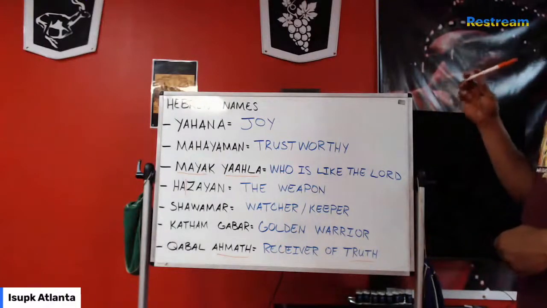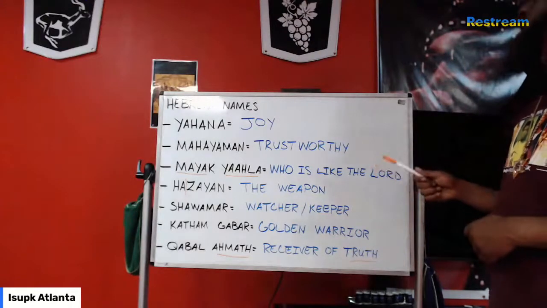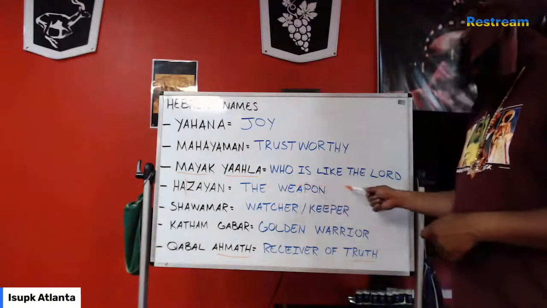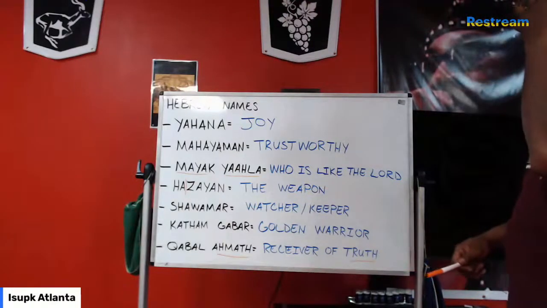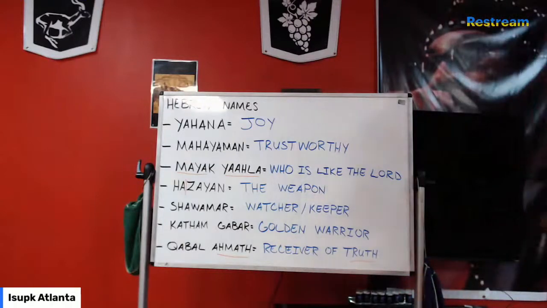So here you have it. Commander Yahanna, joy. Muhaiman, trustworthy. Mayak Allah, who is like the Lord. Hazayan, the weapon. For some reason, I just felt like I have to put that in quotations whenever I say General Hazayan's name in English. The weapon.